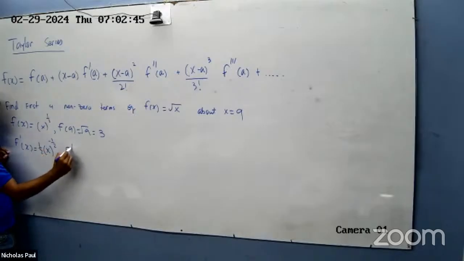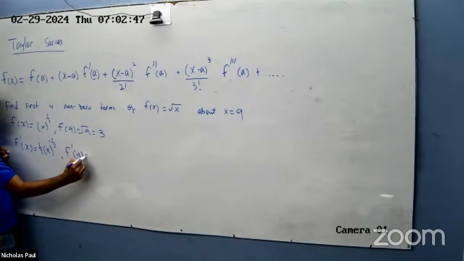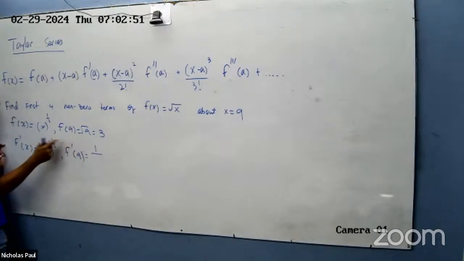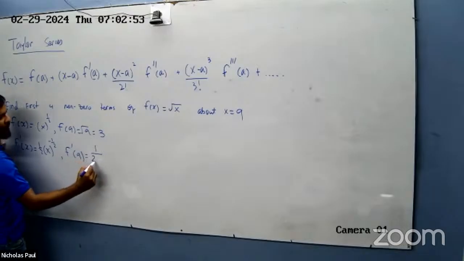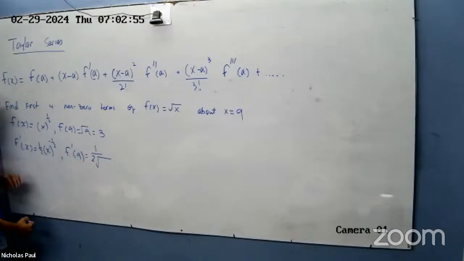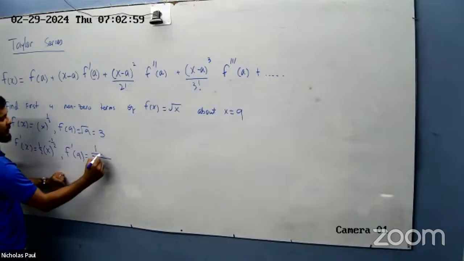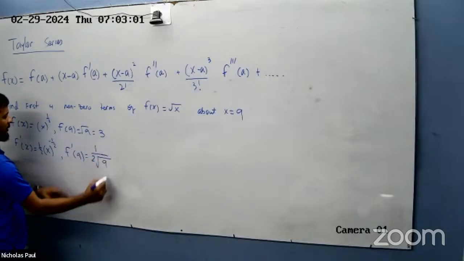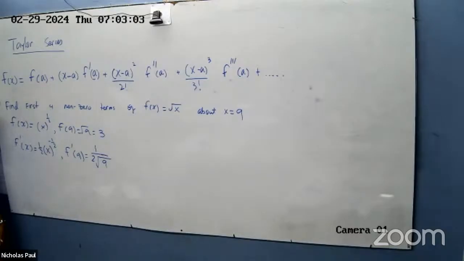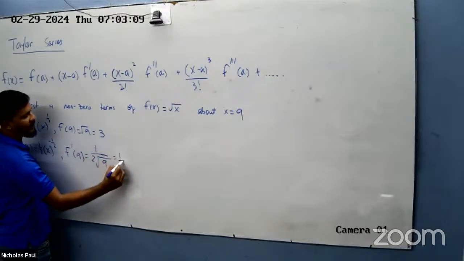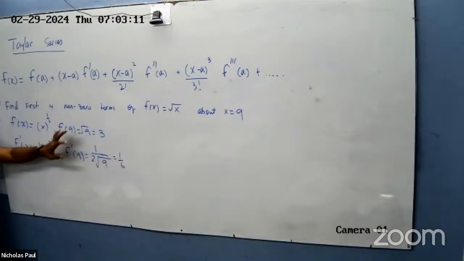And you want to get f prime 9 now. So that'll be 1 over 2 by the square root of 9, that's 1 over 6. So we have the first two values.